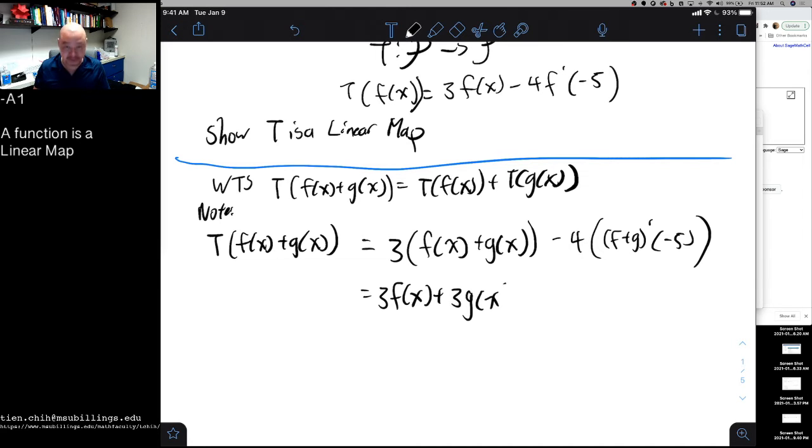In the second term, what I first want to note is that differentiation is also distributive in a sense. One of the first things we learn in an introductory calculus class is that the derivative of a sum is the sum of the derivatives. So what I'll end up with is f prime plus g prime evaluated at -5.